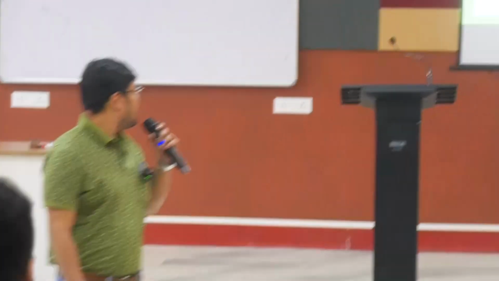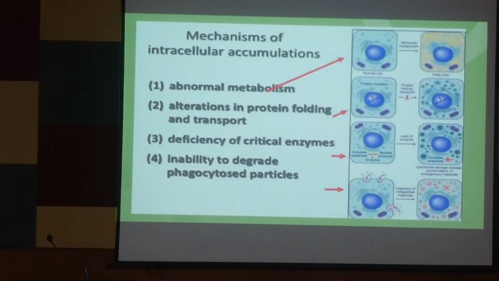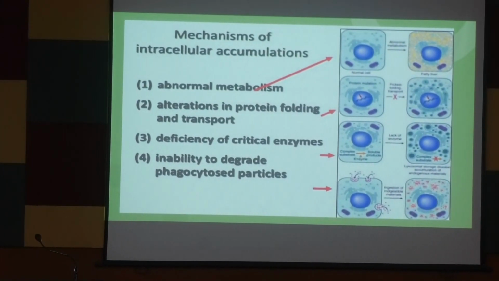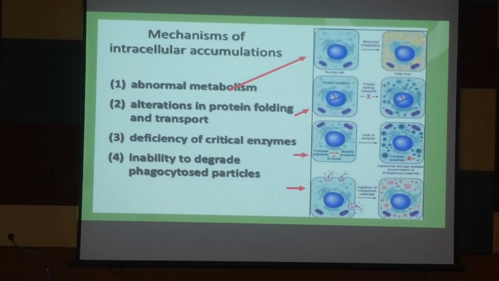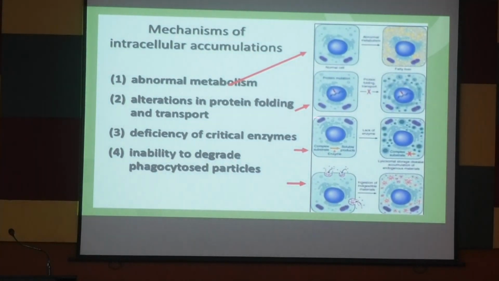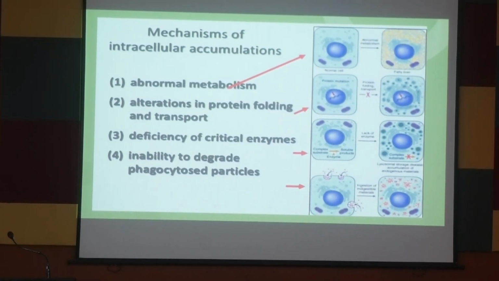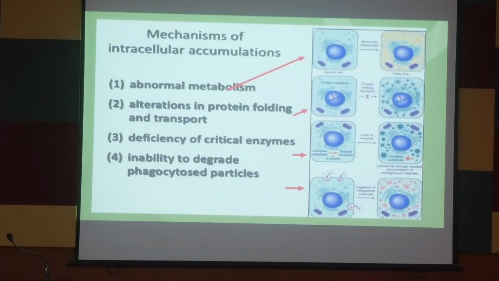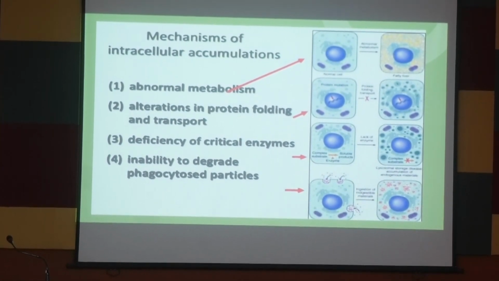Now, mechanism of intracellular accumulation. First is abnormal metabolism, alteration in protein folding and transport by endoplasmic reticulum, deficiency of critical enzymes as depicted in glucosidase, as depicted in other enzymes which are categorically classified in common name as inborn error of metabolism.